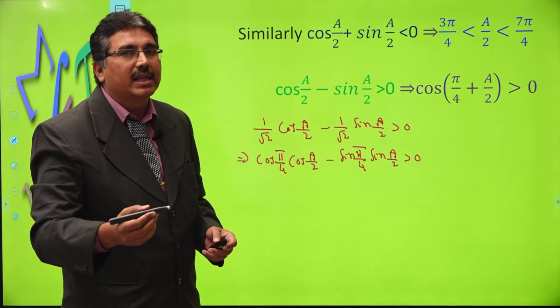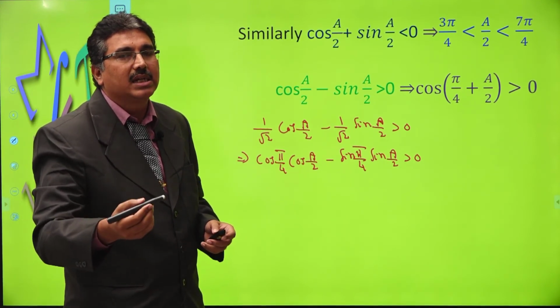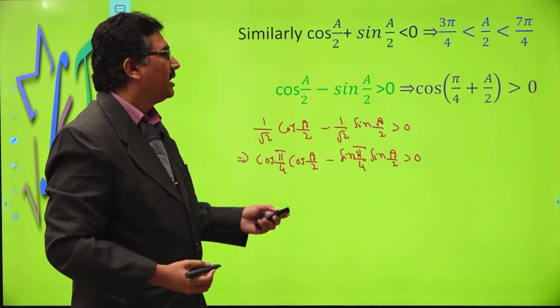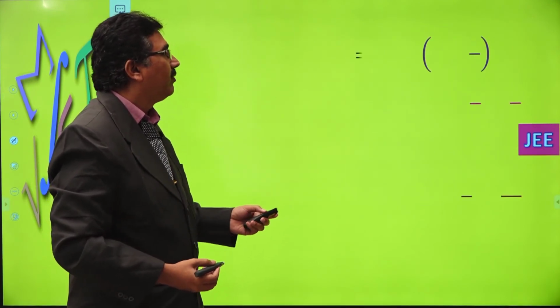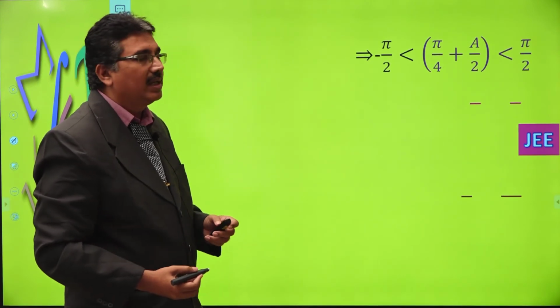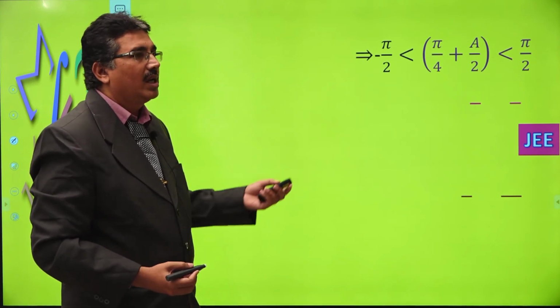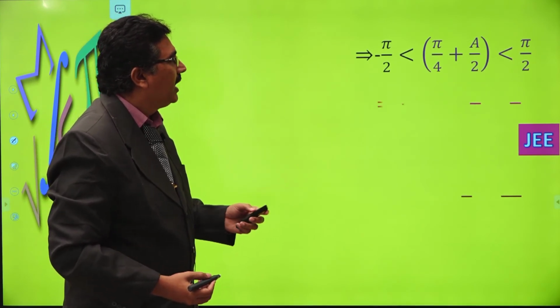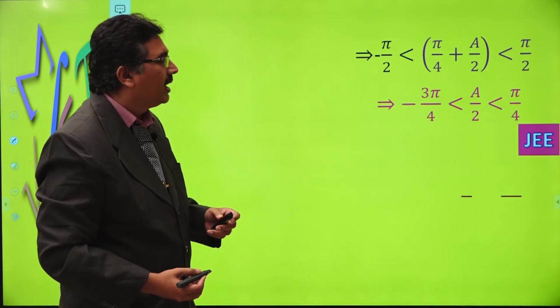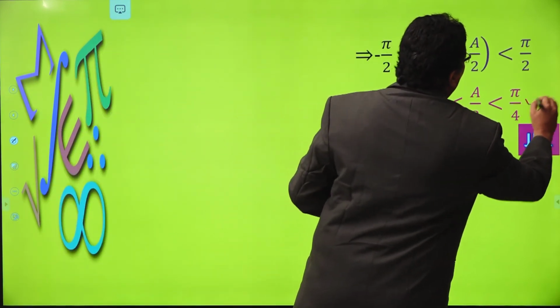Cos theta greater than 0, so theta lies in the fourth quadrant and first quadrant. That implies pi/4 plus a/2 lies between minus pi/2 and pi/2. That implies a/2 lies between minus 3 pi/4 and pi/4.